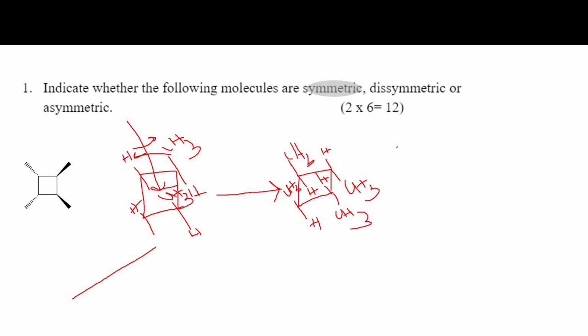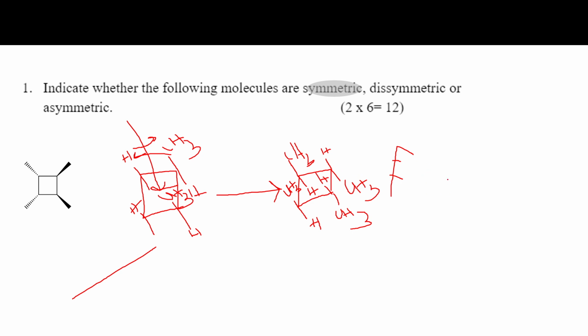Now we place a mirror. The essential property of symmetry is this: if you rotate the molecule by the rotation, then you take the mirror image. If after the mirror image the molecule is like the original molecule, then that molecule has Sn, the improper axis of symmetry.